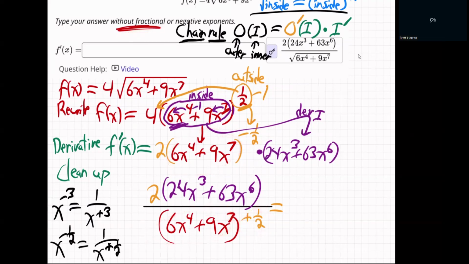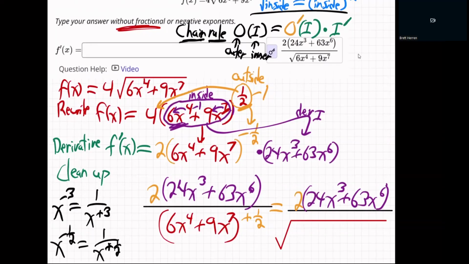So last step here is going to be to keep the top the same, 24x cubed plus 63x to the sixth. The bottom now is going to become the square root of 6x to the fourth plus 9x to the seventh, right?